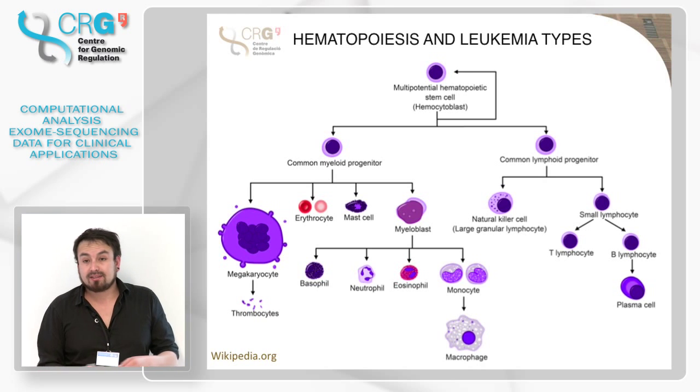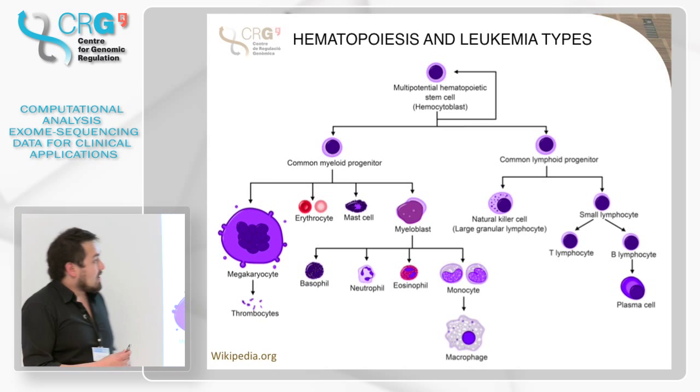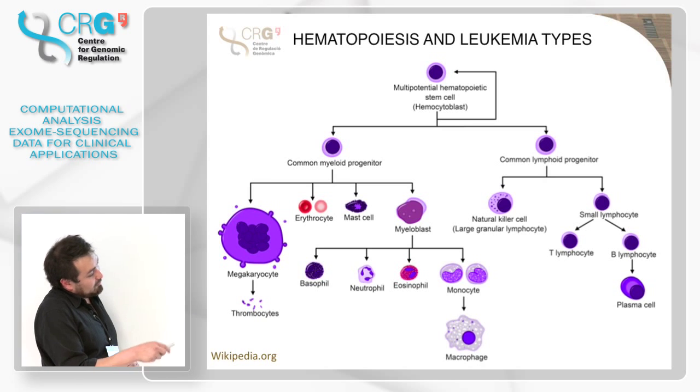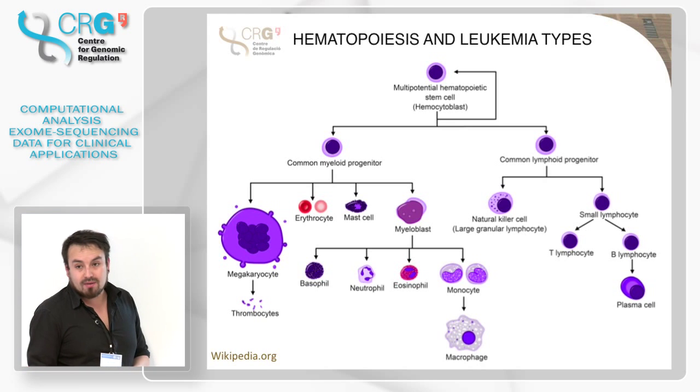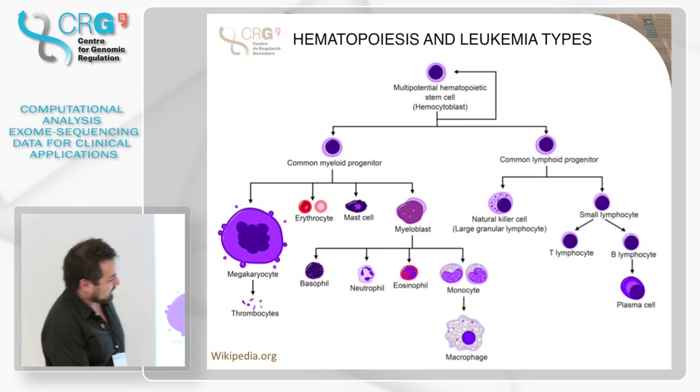is to work on a CLL case, a chronic lymphocytic leukemia case. Chronic lymphocytic leukemia is one of the leukemias that are around, well, one of the cancers, you know.